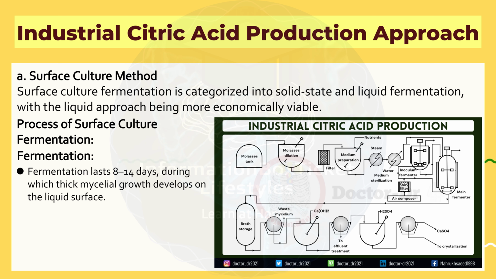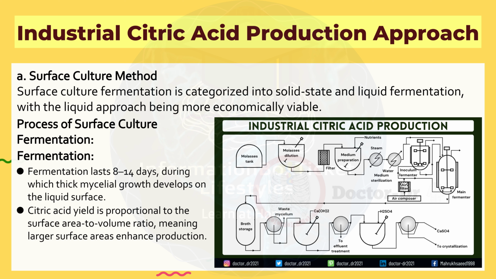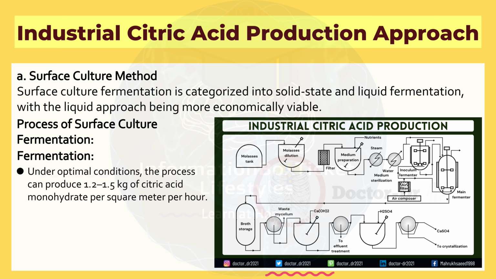Fermentation lasts 8 to 14 days, during which thick mycelial growth develops on the liquid surface. Citric acid yield is proportional to the surface area to volume ratio, meaning larger surface areas enhance production. Under optimal conditions, the process can produce 1.2 to 1.5 kilograms of citric acid monohydrate per square meter per hour.